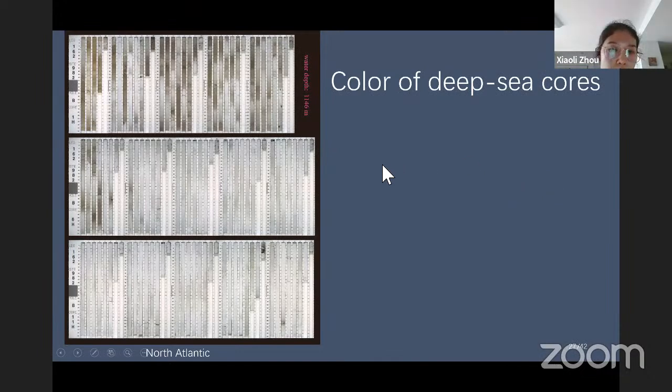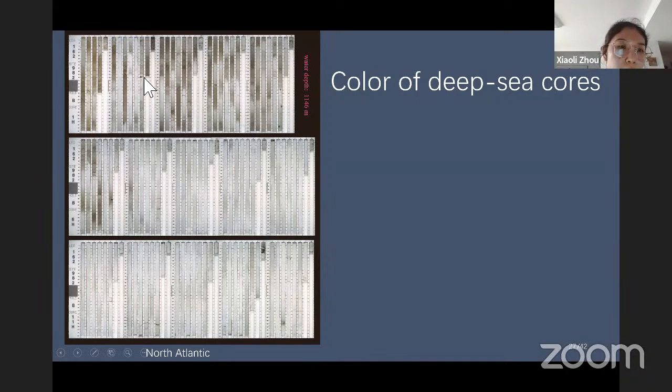These are some photos of cores from ODP sites. This is ODP 982 from the North Atlantic. Just by looking at the colors of the cores, we observe whiter color toward the bottom and darker on the top.